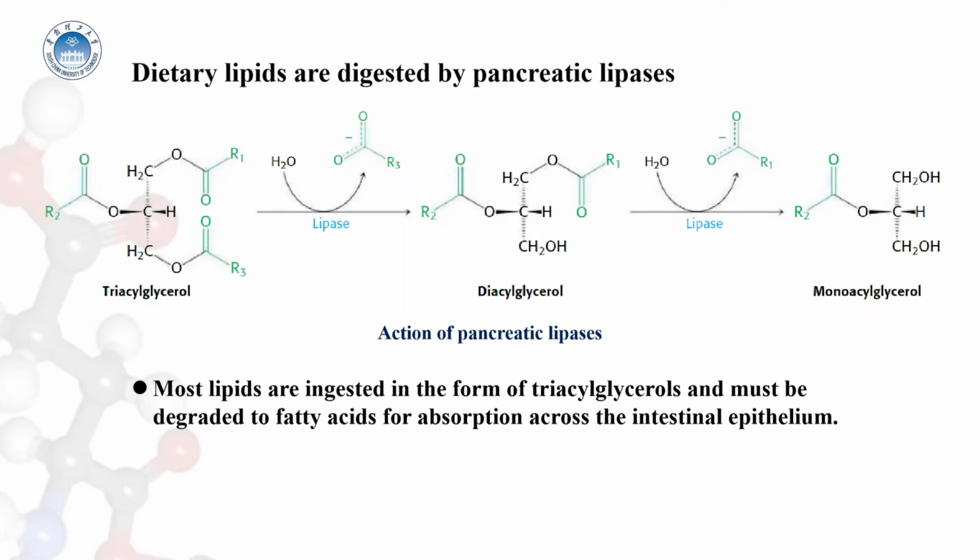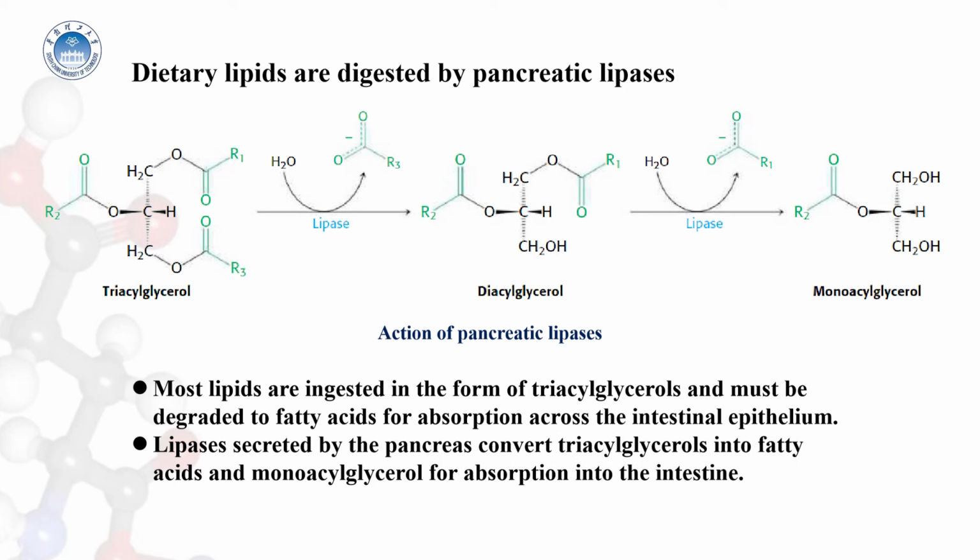Most lipids are ingested in the form of triacylglycerols and must be degraded to fatty acids for absorption across the intestinal epithelium. Intestinal enzymes called lipases, secreted by the pancreas, degrade triacylglycerols to free fatty acids and monoacylglycerol.